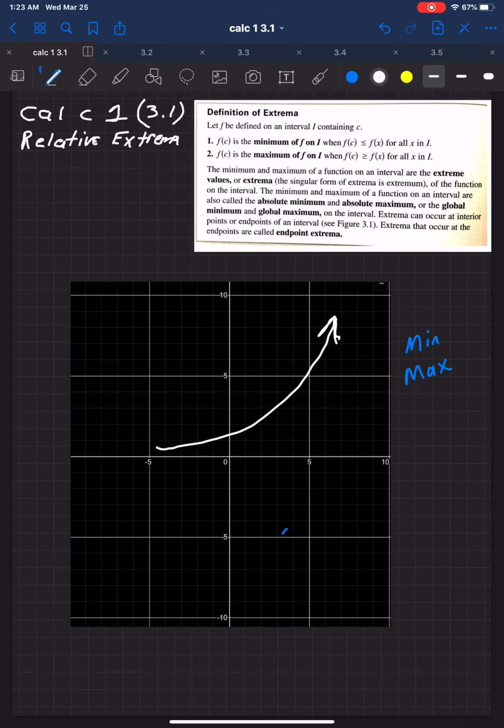If you tell me that something is increasing, a population's increasing, a stock is increasing, the rate of infection of an endemic disease is increasing, that doesn't quite give me a lot of information, right? The curve that I just drew is increasing, but so is this curve. This curve is also increasing.